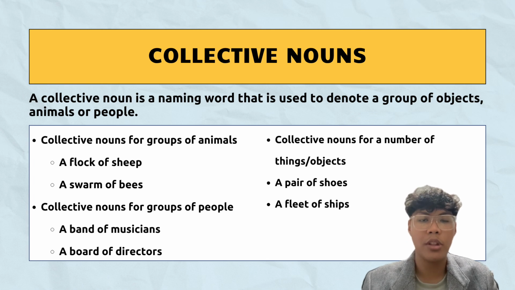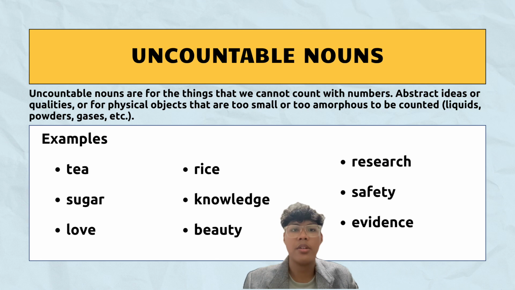So we will continue with uncountable noun. An uncountable noun is a noun that cannot be counted with numbers, or an abstract idea, or things like gases, liquids, or powders.